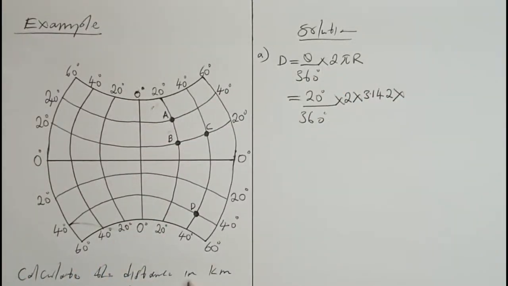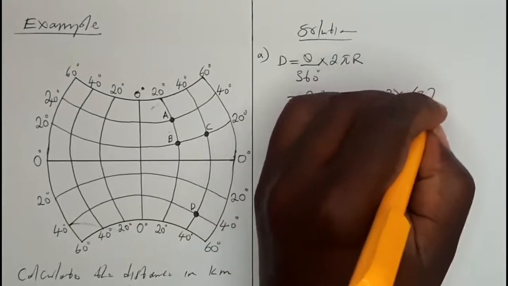Since the question is saying calculate the distance in kilometers, meaning we have to use the radius of the earth, which is in kilometers, and that is 6370, okay?